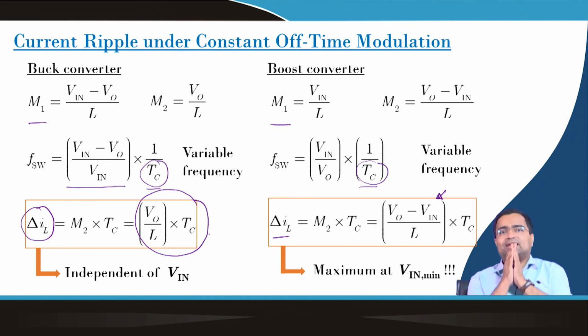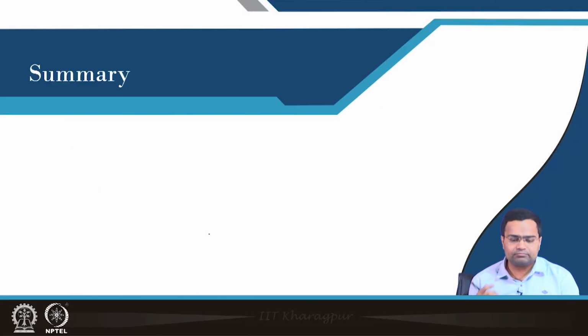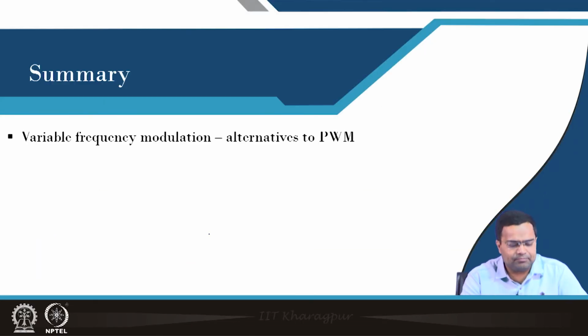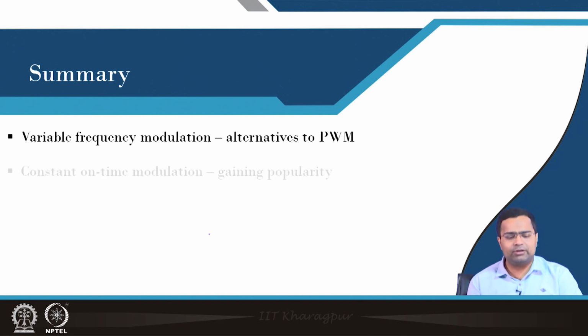The conventional technique that we use in PWM is not equally applicable for constant on time or off time. You have to separately consider the worst case for constant on time, the worst case for constant off time, and the worst case of PWM.